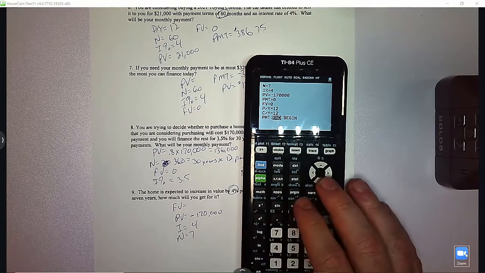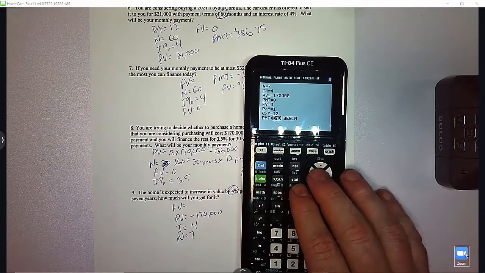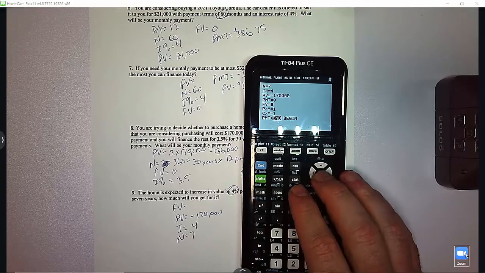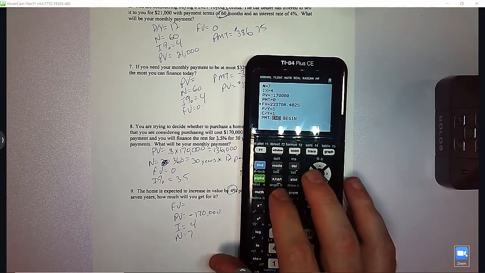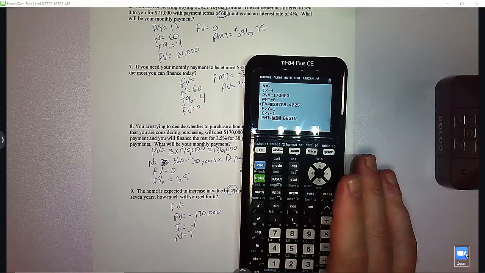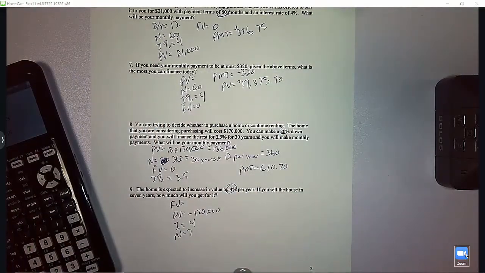My payment is 0. I'm solving for the future value, but I need to switch this payments period to 1. So now I'm going to solve for my future value by pressing alpha and then enter. And what this says is my house is going to be worth $223,708.40.